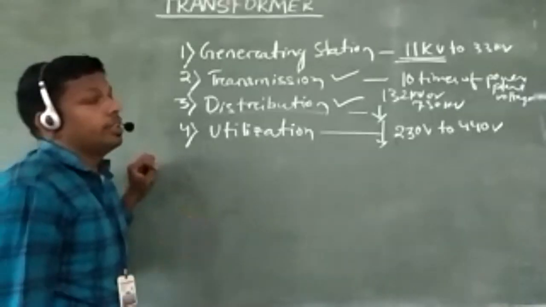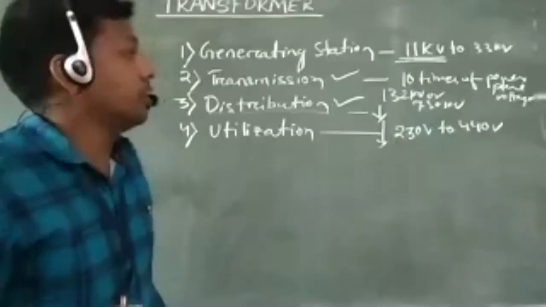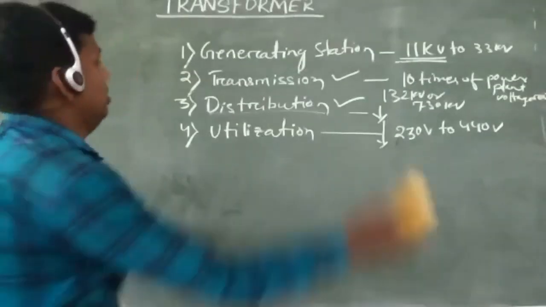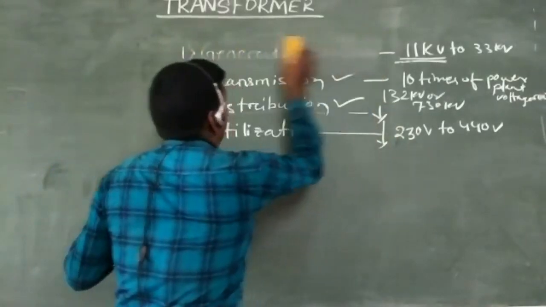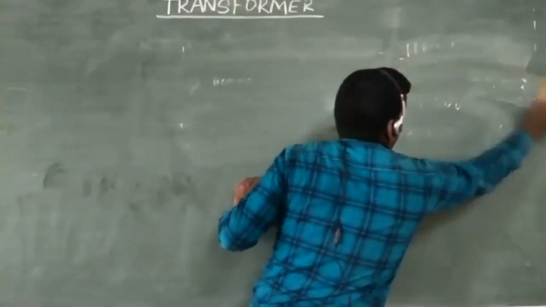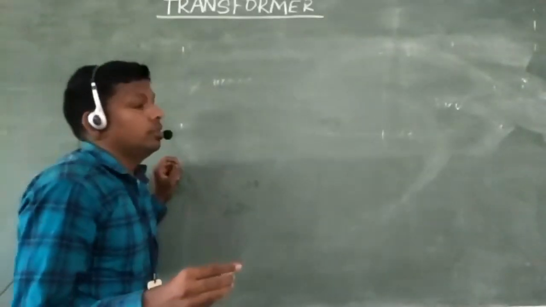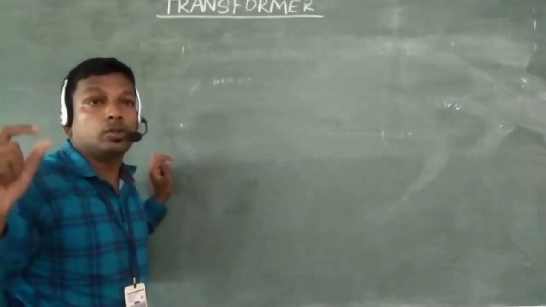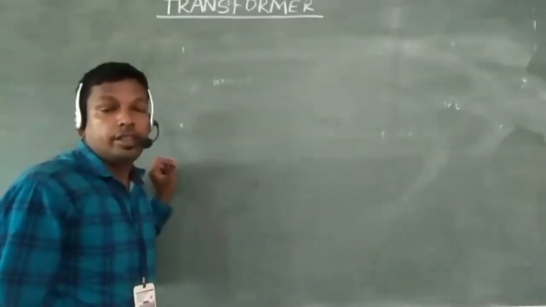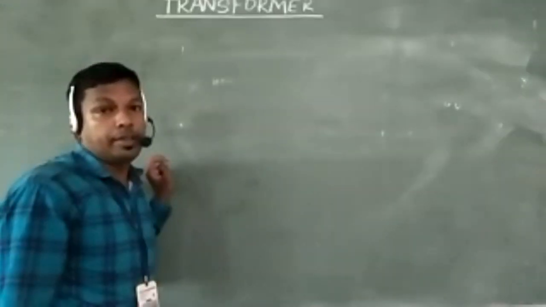Now come to the definition of transformer. Everyone sees the transformer at a substation, at a power plant. Here you can see there is no rotating part in the transformer, so it is called a static device.